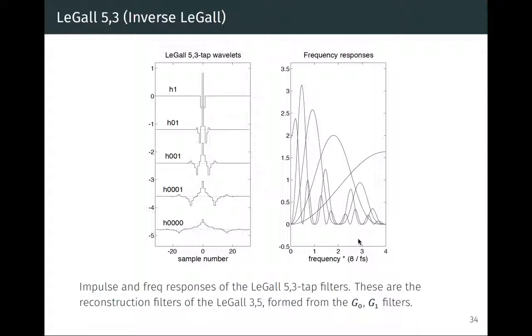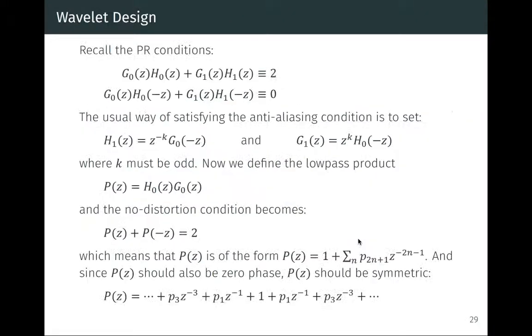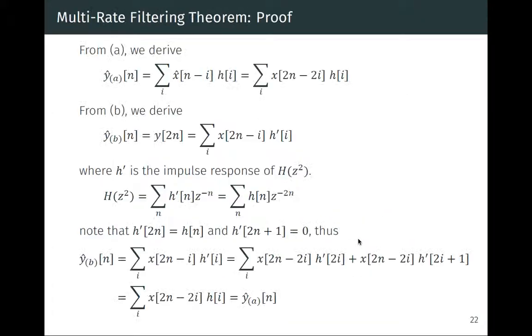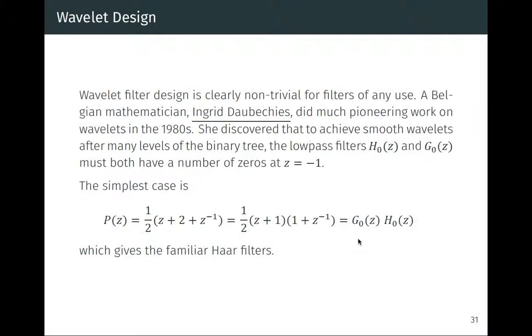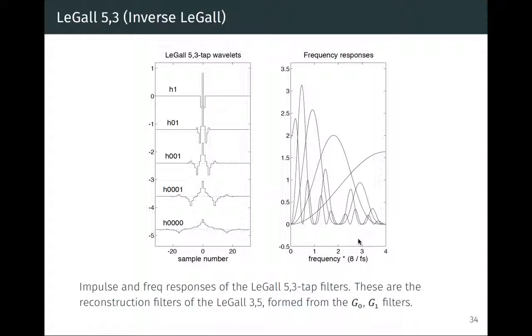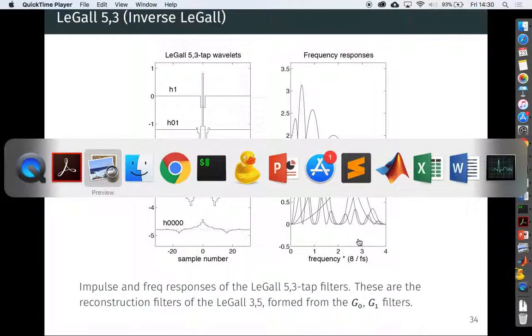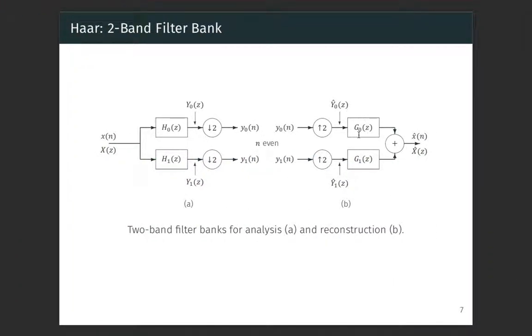All right, this is the inverse Legall. So it's an interesting point, okay? As it turns out, you can swap the G's and the H's, and it still works fine.